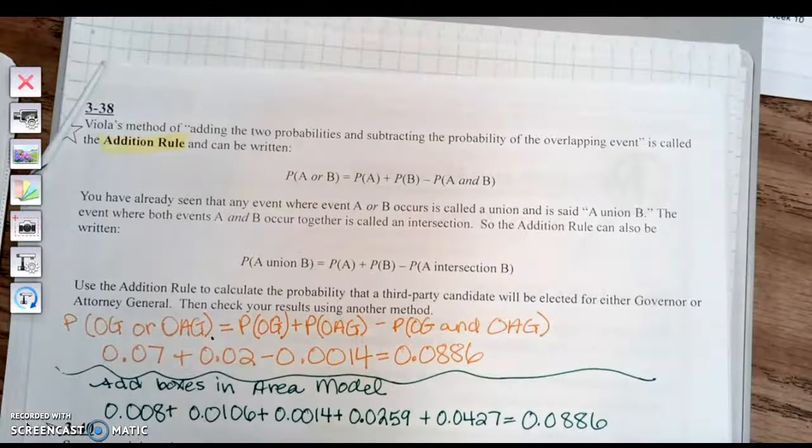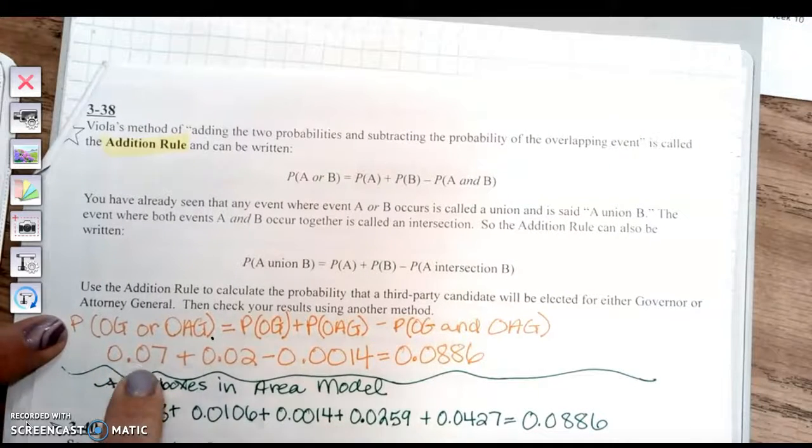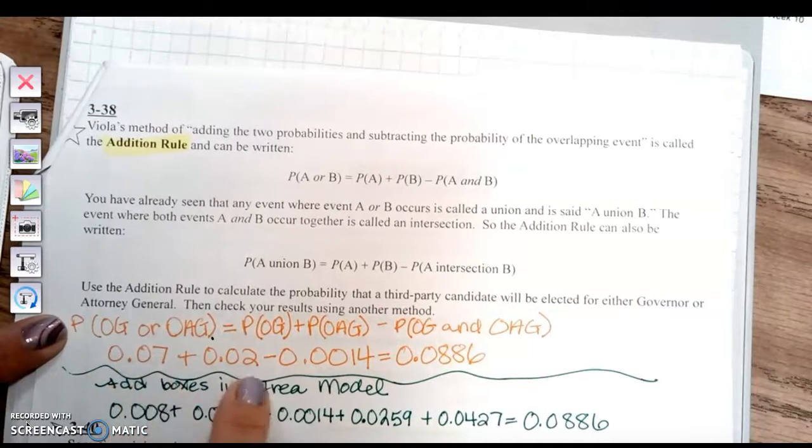Use the addition rule to calculate the probability that a third party candidate will be elected to either governor or attorney general. Then check your results using another method. Okay? So if we use the addition rule, we're going to add the other column, 0.07 plus 0.02.